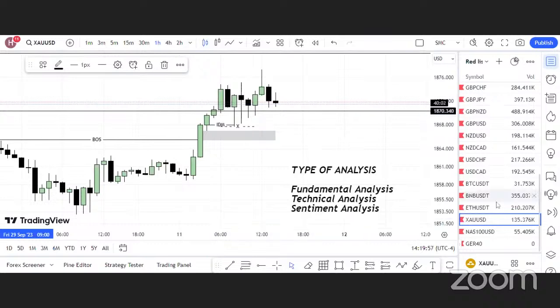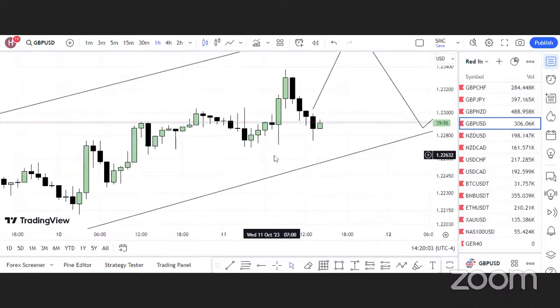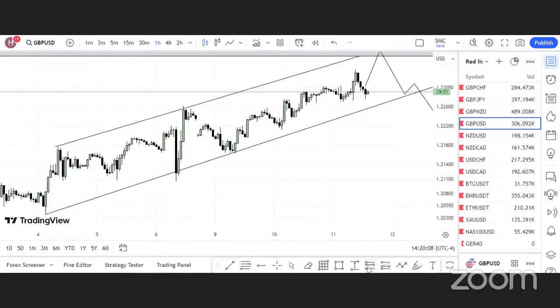So now let's talk about technical analysis. In technical analysis, we have different tools that are needed.